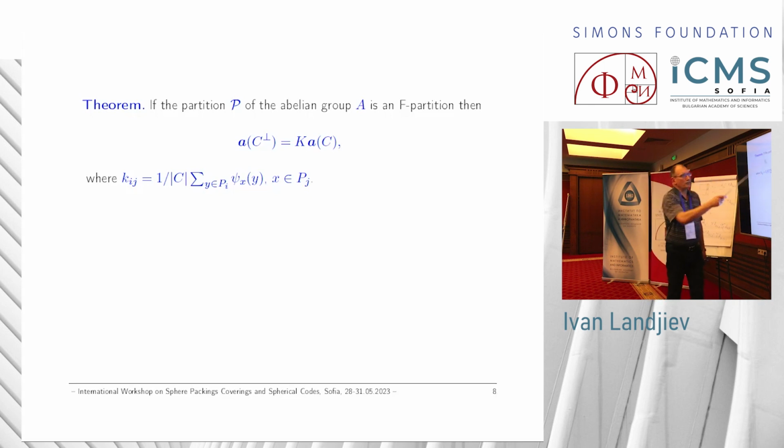The vector for the orthogonal code is some matrix times the vector of the original code C. Here this matrix K consists of coefficients K sub ij, which are of this form. The term 1 over the cardinality of C is put in the coefficients. In this paper, they thank Rishi Bolotansky for advising them, we don't remember.